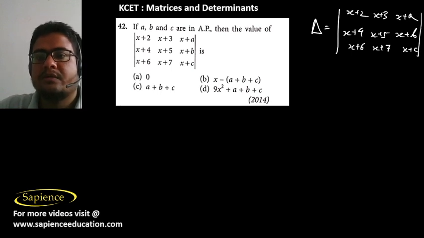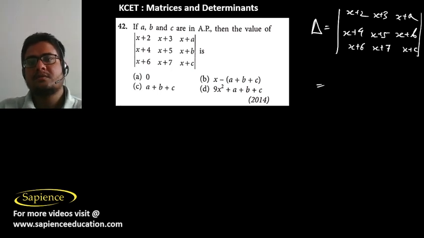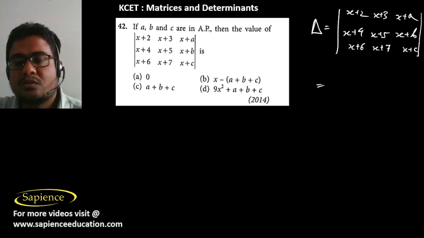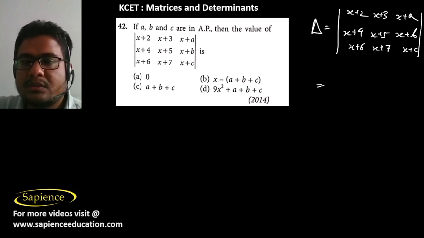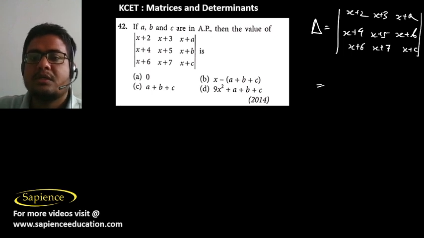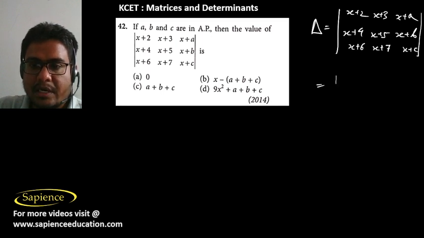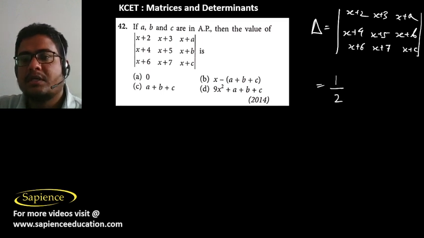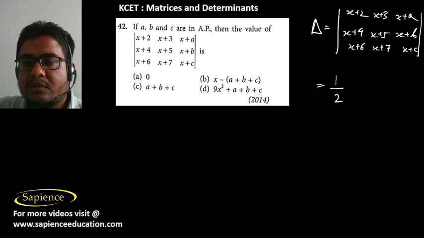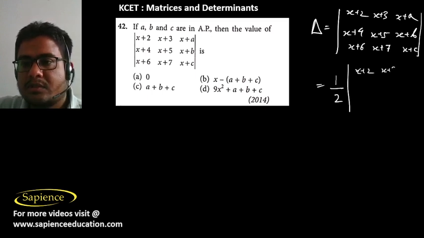So then if we multiply the second row with 2, we can multiply this determinant by half, and we can multiply 2 with the second row. Then we will have x plus 2, x plus 3, x plus a; 2x plus 8, 2x plus 10, 2x plus 2b.